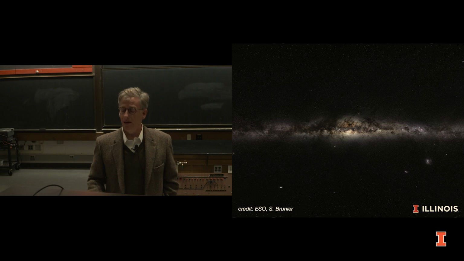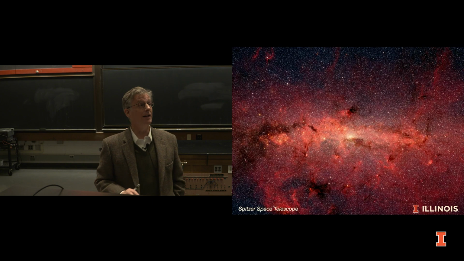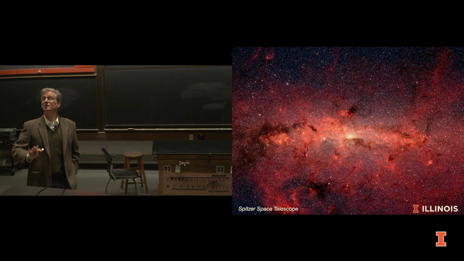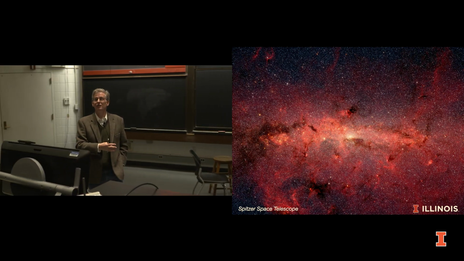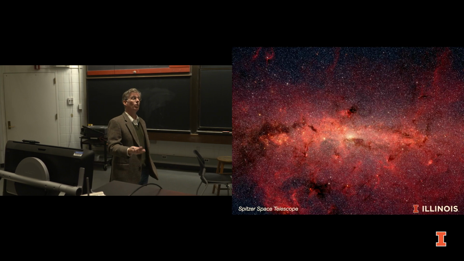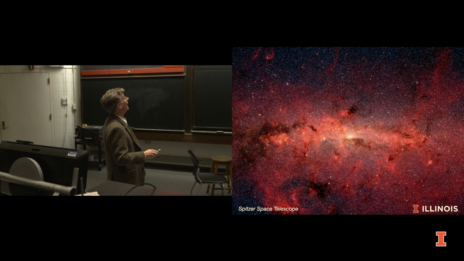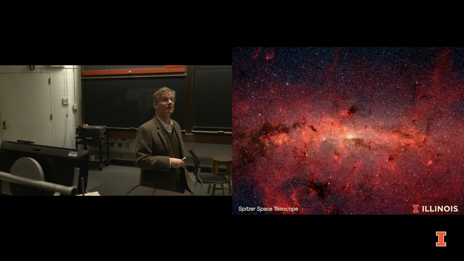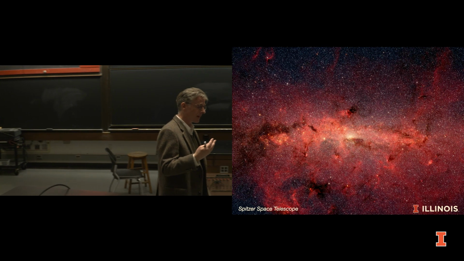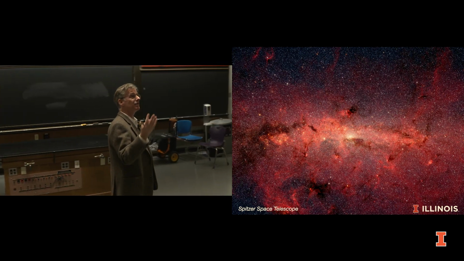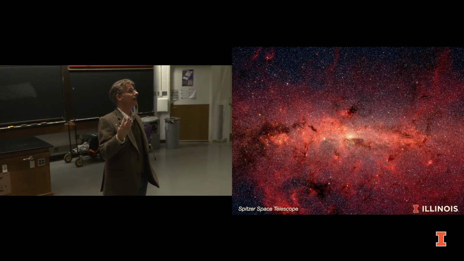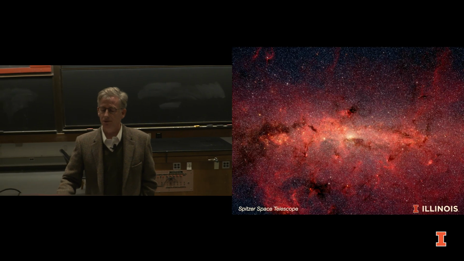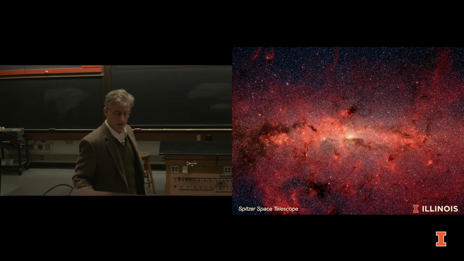To do that, you might use the Spitzer Space Telescope, which is a sibling of the Hubble Space Telescope that works in the infrared band. This produces a picture of the center of the galaxy that looks like this. You can see that the bands of absorbing material are much fainter in this image than in the optical image that I just showed you.